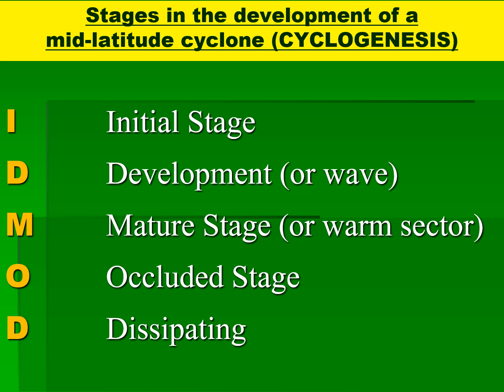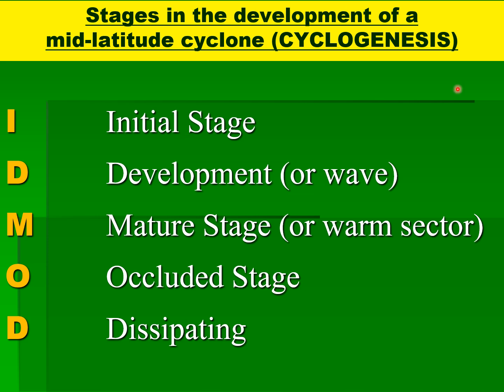Let us have a look at the stages in the development of a mid-latitude cyclone, also referred to as the process of cyclogenesis. The mid-latitude cyclone goes through a number of stages as it matures and as it travels further eastwards.